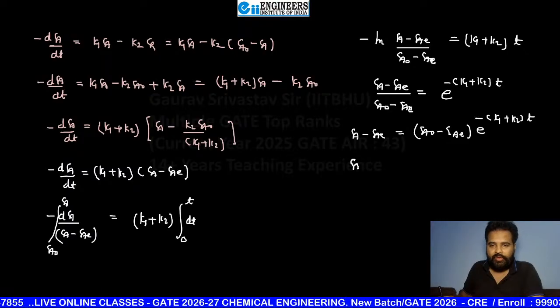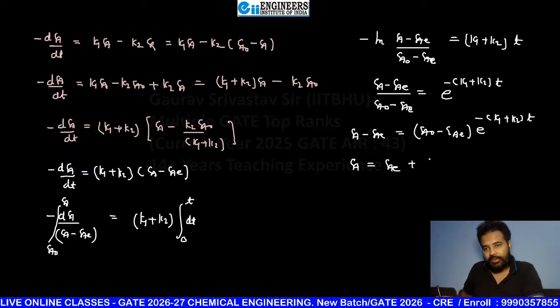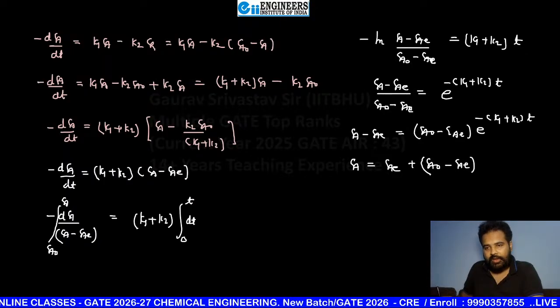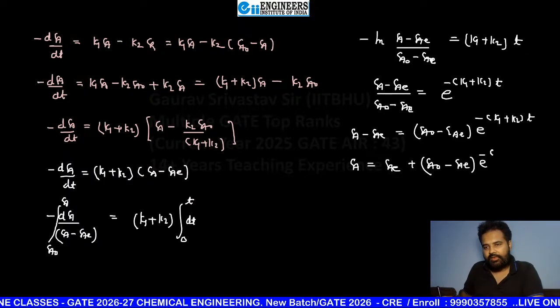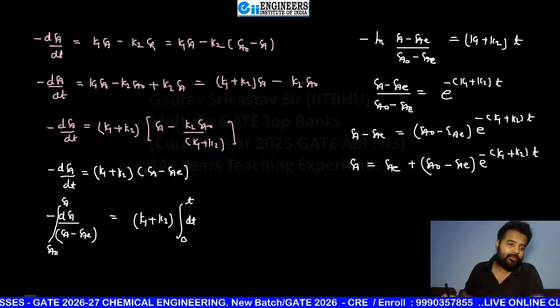Further solving beta, you can write CA as CAE plus CA naught minus CAE and e raised to power minus k1 plus k2 t. See how easy it is beta.